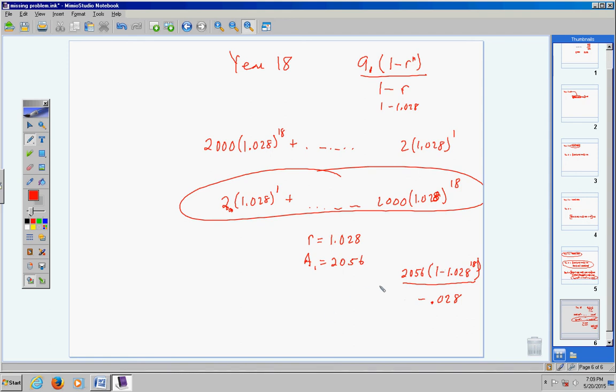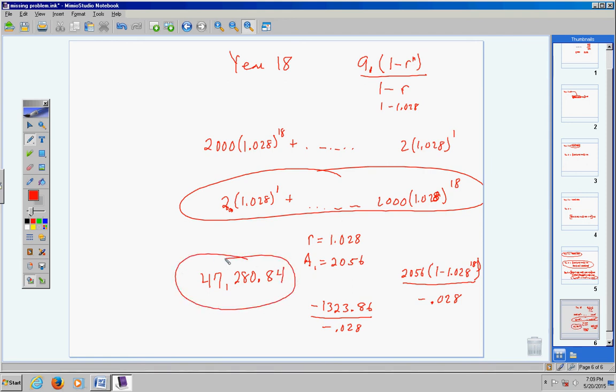And then times 2056. And when you do that, you're going to get this number here. I'm going to round it. It's going to be negative 1,323.86, since we're dealing with money, I'm going to go to 2 decimal places, all over negative 0.028. So take this number here, divide it by negative 0.028, and you're going to get 47,280.84.